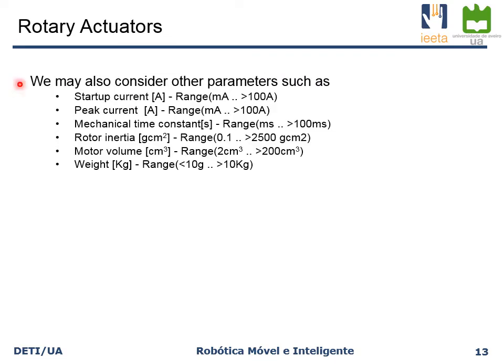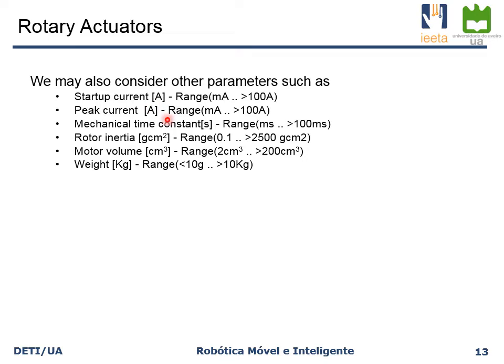Apart from the parameters we considered in the previous slide, we may also consider, depending on the application, other parameters such as the start current. Normally, the startup current is the maximum current. It's when we develop the maximum force also.